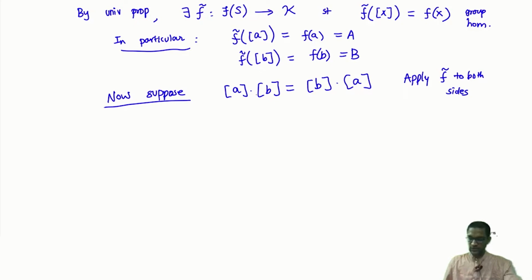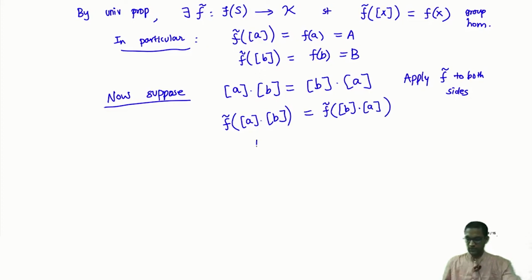These two sides of the equality are both elements of the free group. I apply the homomorphism f tilde to each of them. So f tilde will take the left hand side to an element of K and the right hand side to an element of K. So let's see what is f tilde of the left hand side. Okay, so I'm going to apply f tilde to both sides, and this is what I get.